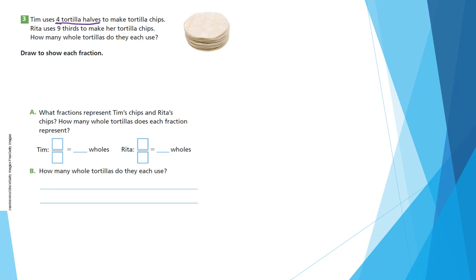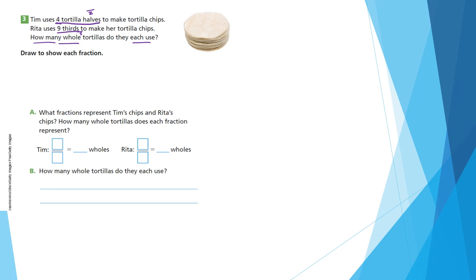So I know that halves is something that's broken up into 2 equal parts. And then Rita uses 9/3. Thirds tells me that my denominator would be 3 because there would be 3 equal parts in one whole. And the question is asking how many whole tortillas do they each use? Draw to show each fraction.